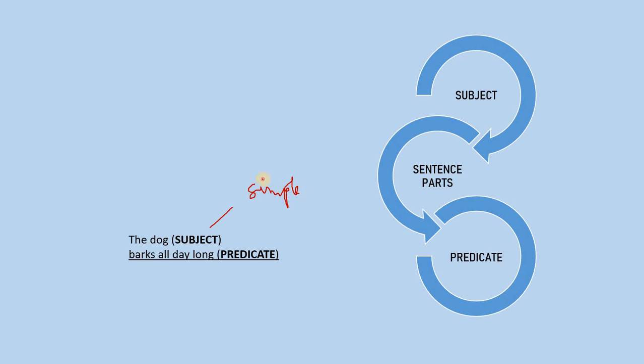So the subject can be simple and it can be complete. We call it complete because it is long and it adds more about the main subject. For example, the dog, it is simple. I say, the dog that I put, or the dog of my neighbor, the dog which is over there, or the dog of John, or something like that.